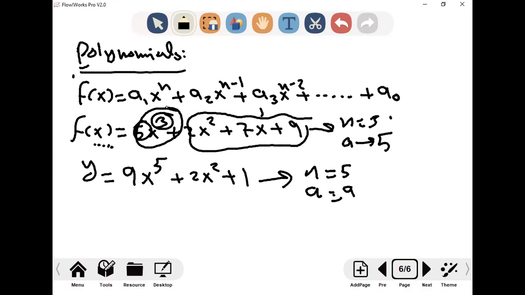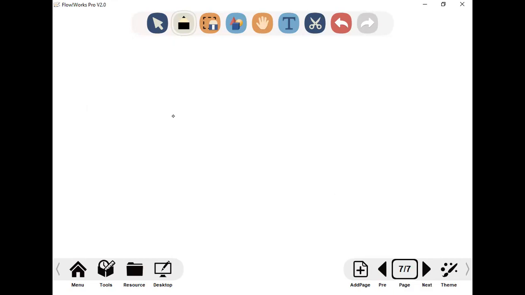So 70 won't affect the 100 million. So these are like the $70. Got it? So what affects the function, what controls the function, is the highest degree and a. Done? Good. Let's take example 3.